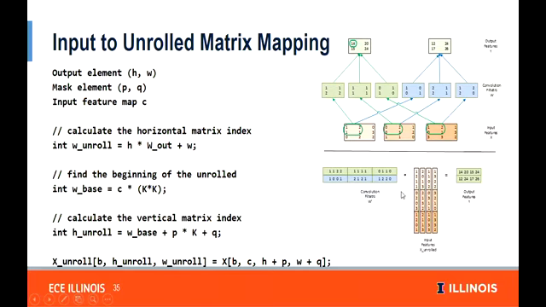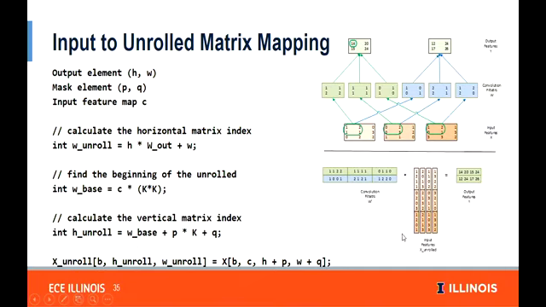And then when we go into the beginning of the unrolled matrix, we need to find the base. So the W base is C times K times K. So I have C and then times K that gives me either this one or this one or this one, depending on the C.